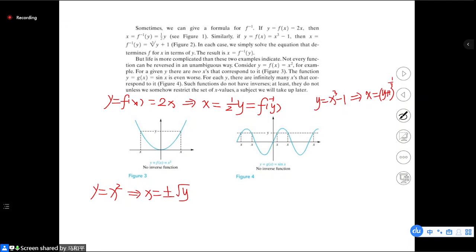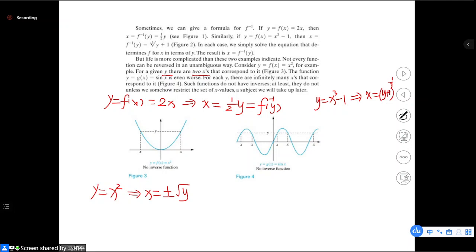This means we have input y but two outputs x. So not every function has an inverse, because for a given y there are two x that can correspond to it.